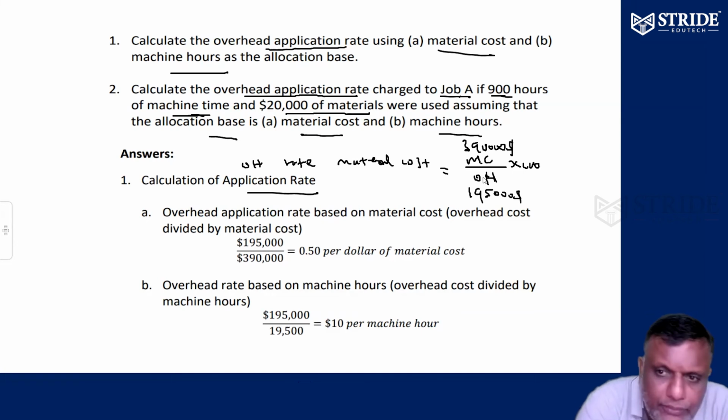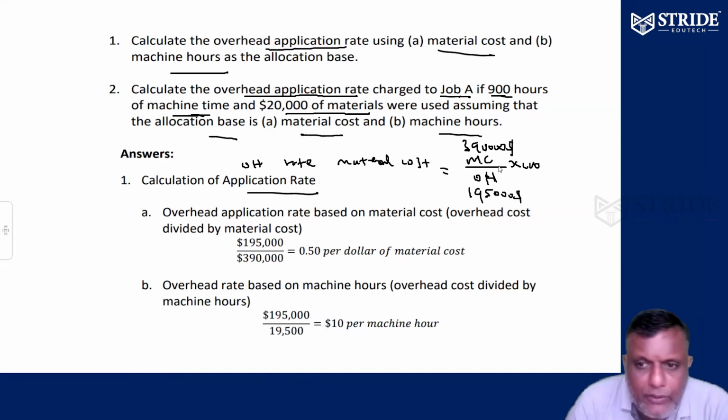About 2 times. So 390,000 by 195,000 is going to be 2 times, or 200%.